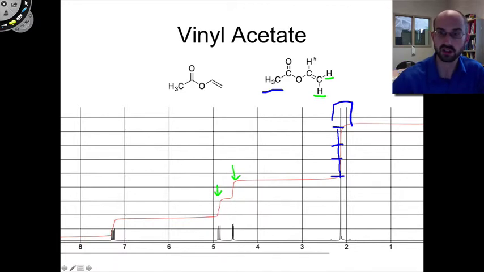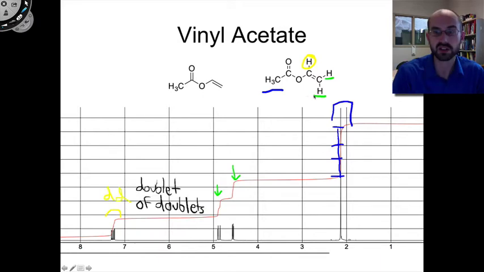In addition, this hydrogen that's connected to the oxygen-bearing carbon is also a vinyl hydrogen, so it also is going to show up in the alkene range, but the one that I've circled in yellow is responsible for this peak. And you'll notice this peak is not a triplet. It's 4 individual peaks. It's what we call a doublet of doublets.